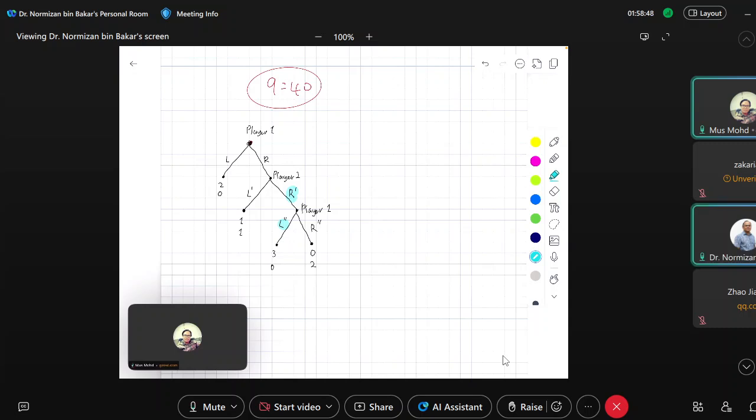And after that, player 1 will choose L, since they know player 2 will choose L prime, which gives player 1 less than L. What I mean is, player 1 will choose L because it has the payoff 2 instead of 1. So the last option for player 1, he will choose L, doctor.